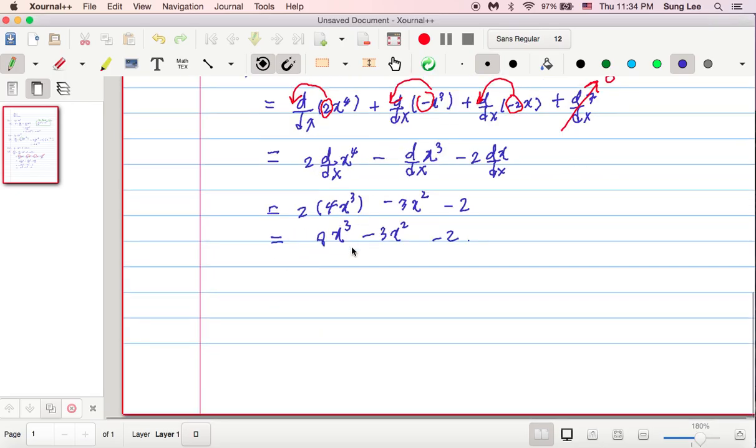Next example. We have f of x equals 3x cubed minus 4 all over x squared.